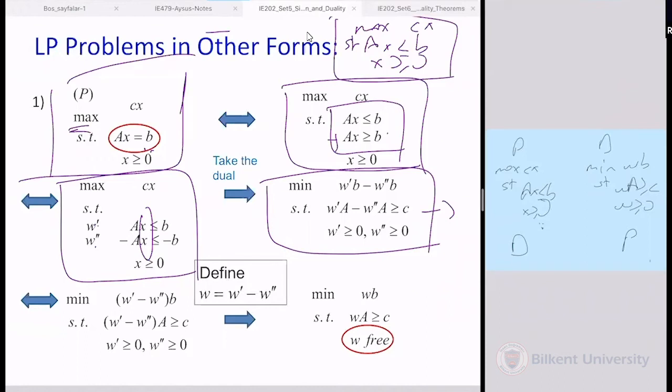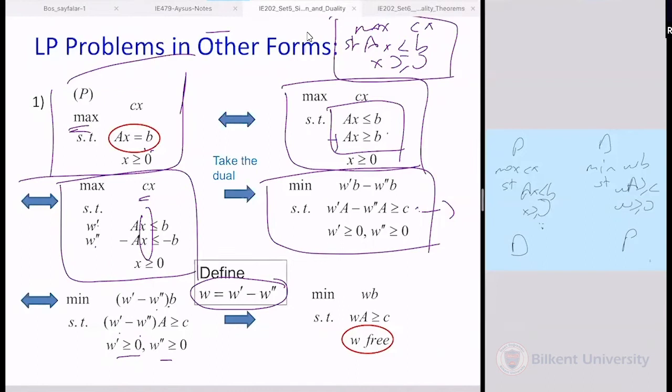W2A greater than or equal to C, because I'm going to write a constraint for each variable. My variable x, so I'm writing my constraint like this. Now, remember, if you clean this a little bit, you can say that this is (W1 minus W2) times b, and again, (W1 minus W2) times A greater than or equal to C. They're both non-negative. Remember, we can make this change, and this was the trick we were using if we had free variables.